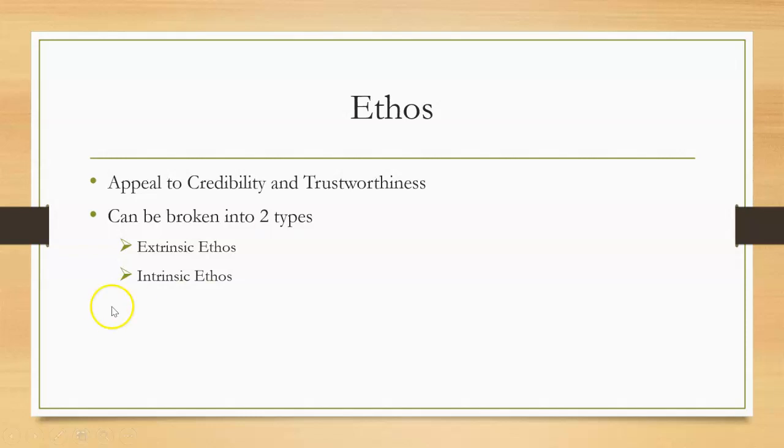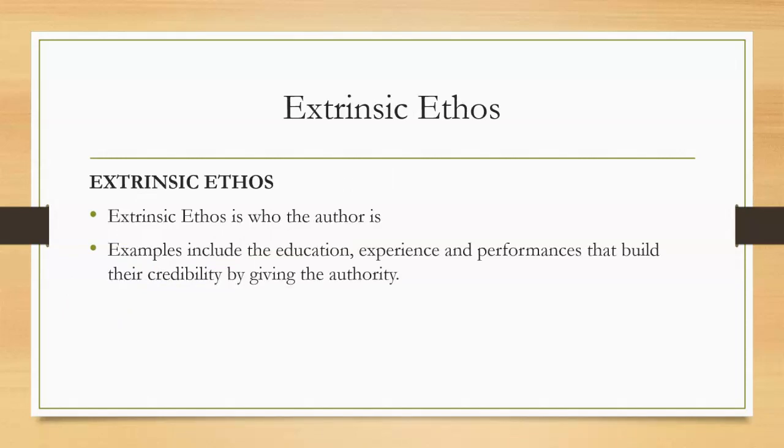two types, one that we call extrinsic ethos and one that we call intrinsic ethos. So extrinsic ethos is related to who the author is based on external stuff like education, experience, performances they've done.